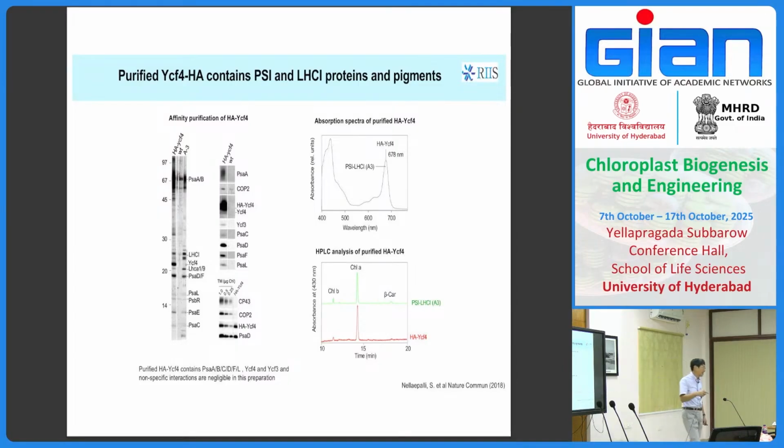Beta carotene is present in the PS1 core and LHC1. LHC2 lacks beta carotene, but LHC1 contains beta carotene.